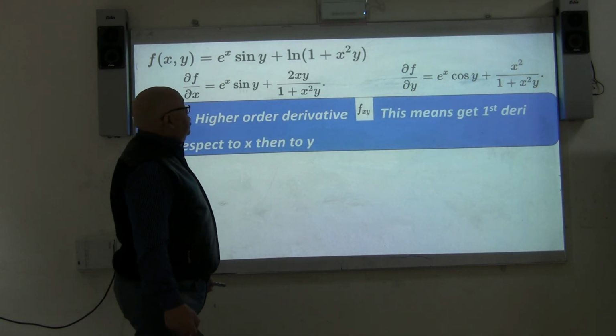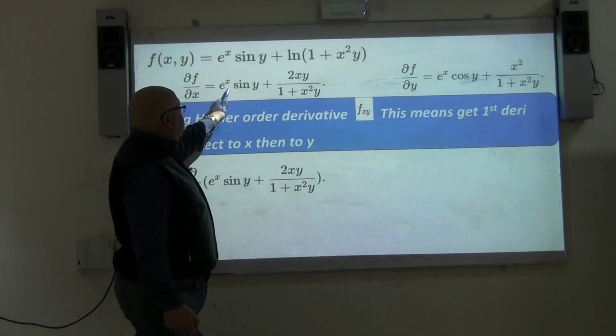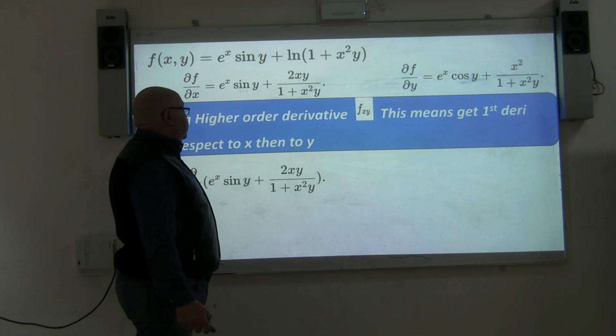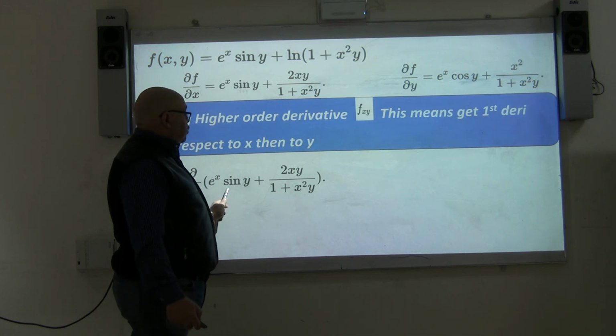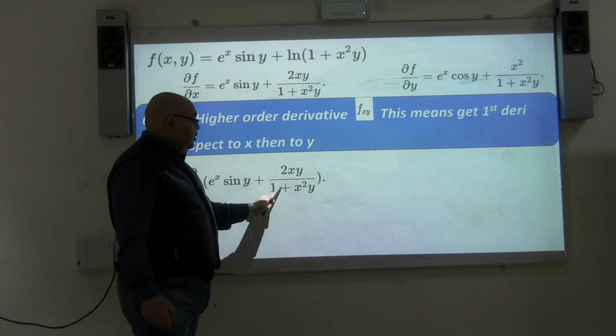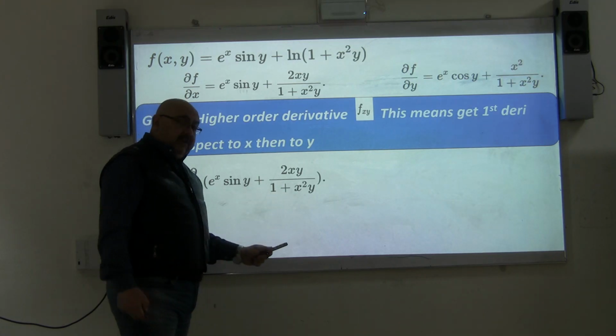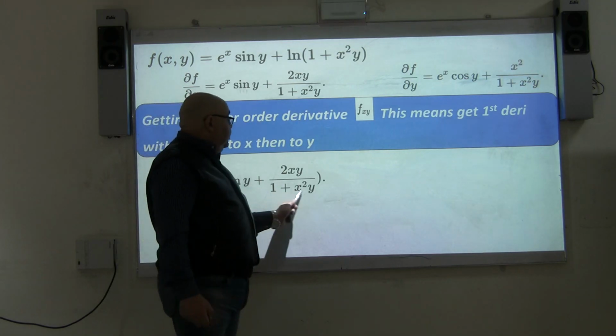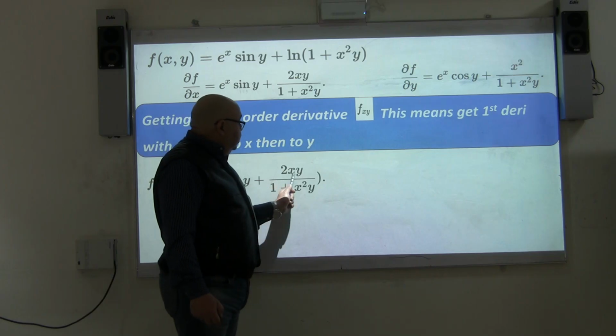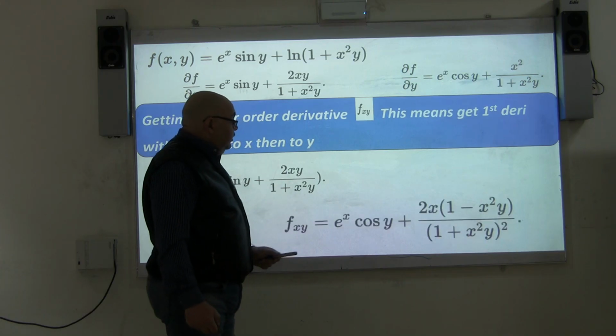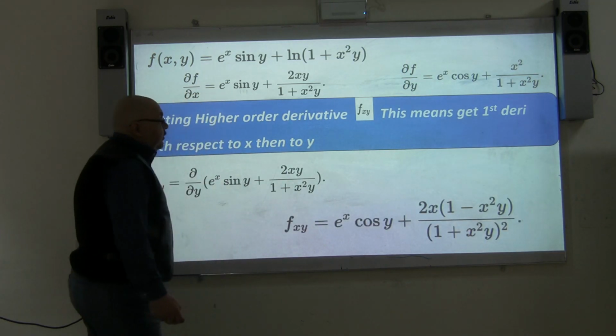In the case of the mixed derivative, I will take this function, then I will differentiate with respect to y. That is going to be cosine y, then also this is going to be treated as two functions divided by each other. I square the denominator, differentiate the numerator times the denominator, minus differentiating the denominator times the numerator, and this is the result of your f sub xy.